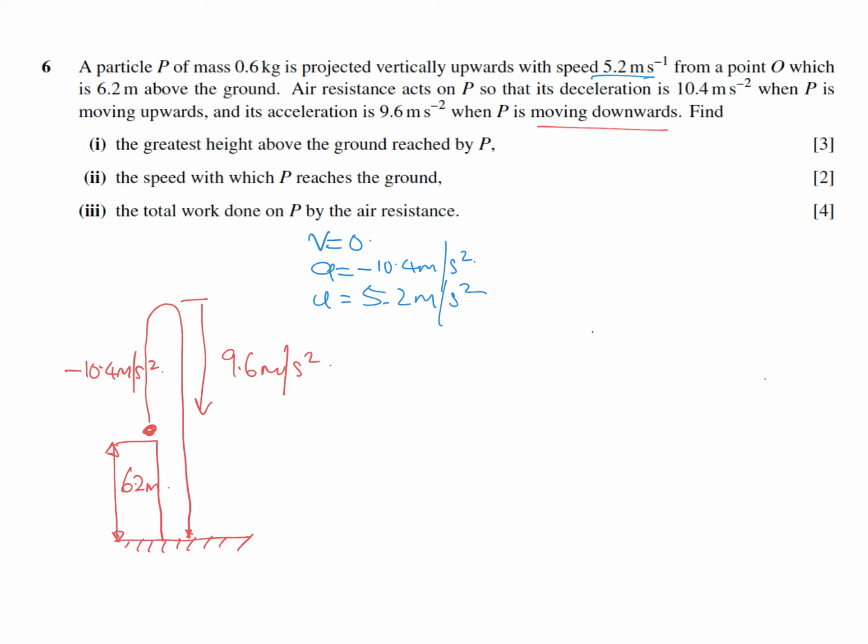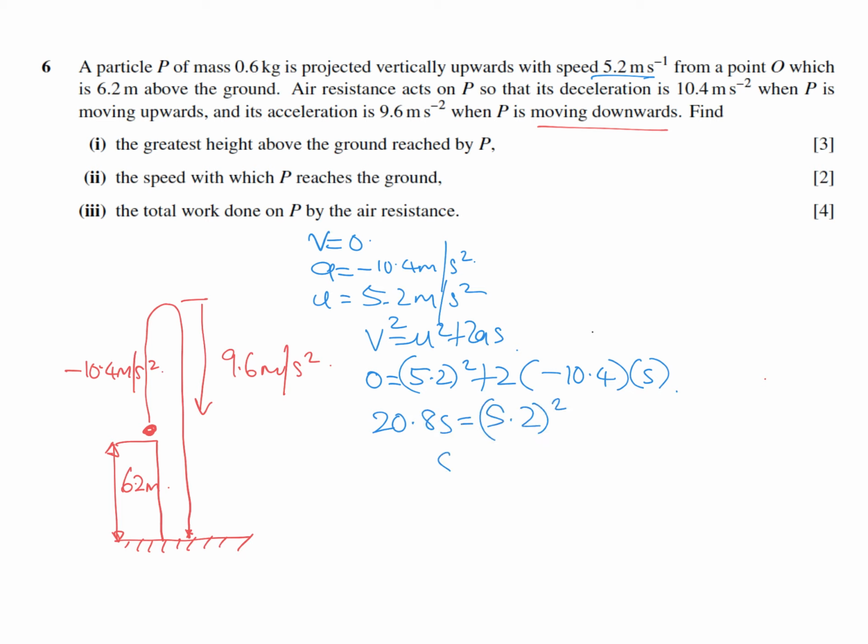So I can use v squared equals u squared plus 2as. Again, that formula. So 0 equals 5.2 squared plus 2 times negative 10.4 times s. So this will give me 20.8 s equals 5.2 squared, s equals 5.2 squared over 20.8.